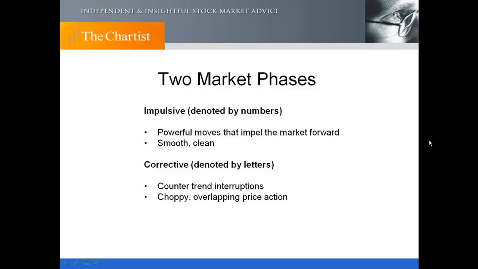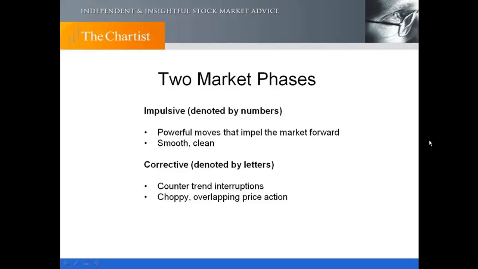They tend to be very choppy, very nasty, overlapping price action, and it's these corrective movements that you, one, don't want to trade, but two, you want to be able to interpret to some degree because, as I said, after every correction, you get an impulse.